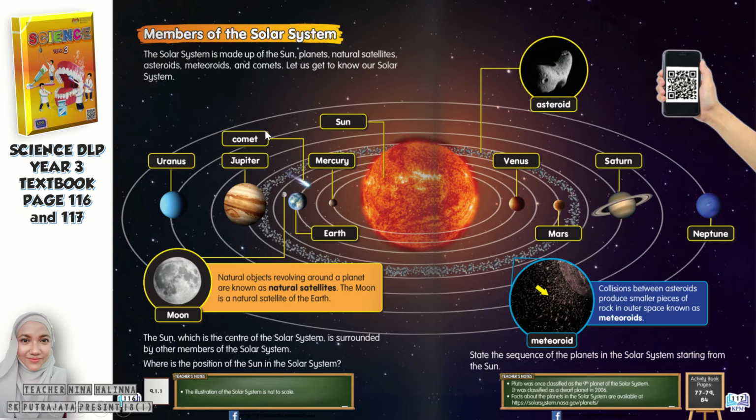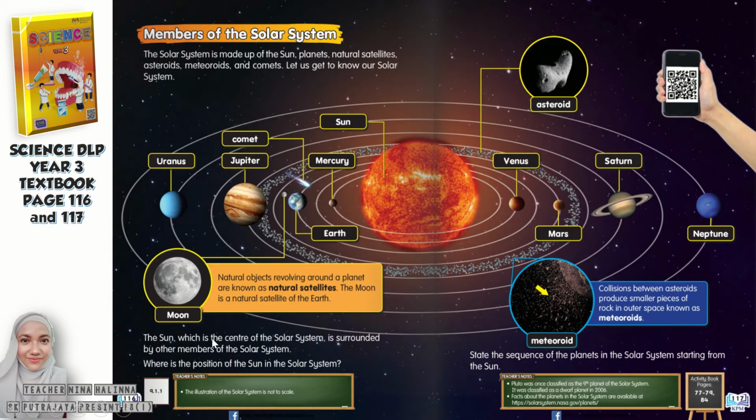Okay, so first of all, do you know solar means the sun? Yes, solar means the sun. So this giant thing right in the middle here, this is the sun. So we call this whole thing here as the solar system because the sun is at the center. So this whole thing here, we call it the solar system. It is stated here.